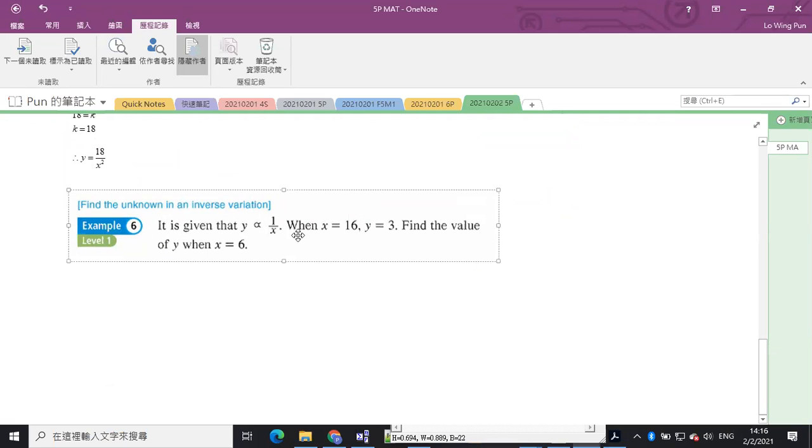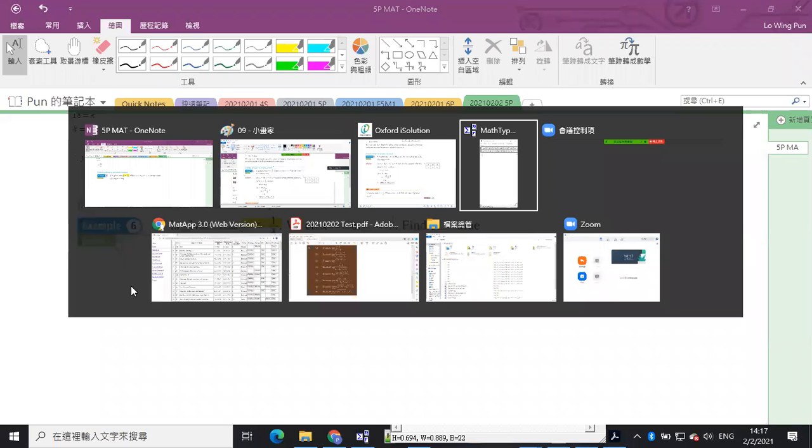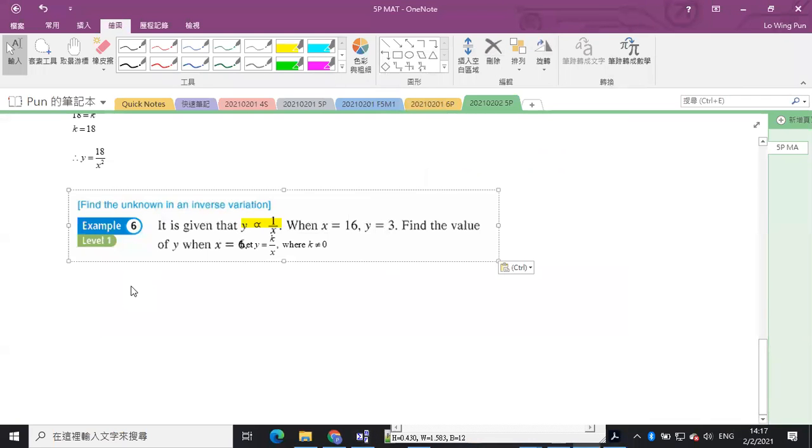It is given that y is proportional to 1 over x. This is the third type of presentation of inverse variation, but it means the same thing. y varies inversely as x. So you have to let y equals k over x, where k is not equal to 0, for the first line.